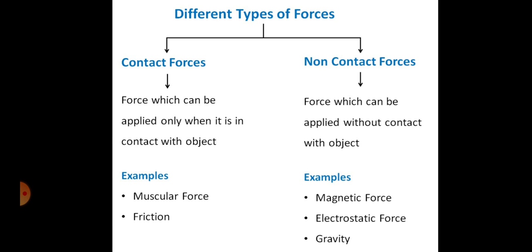Now, you see, we are away from the earth but being pulled towards the earth. So, the objects and the earth are not in contact, but even then there is a force between them. So, it is a non-contact force. I need to mention here that magnetic force and electrostatic force may be repelling forces or attractive forces, but gravitational force is always attractive.